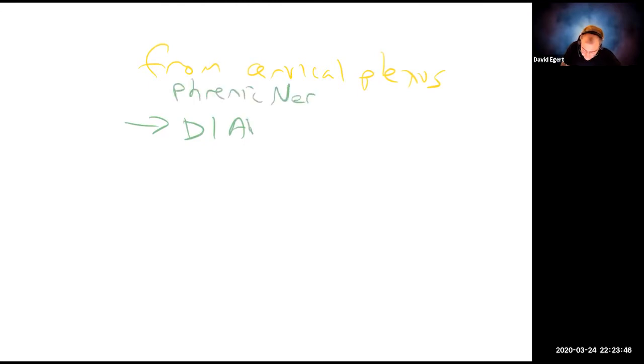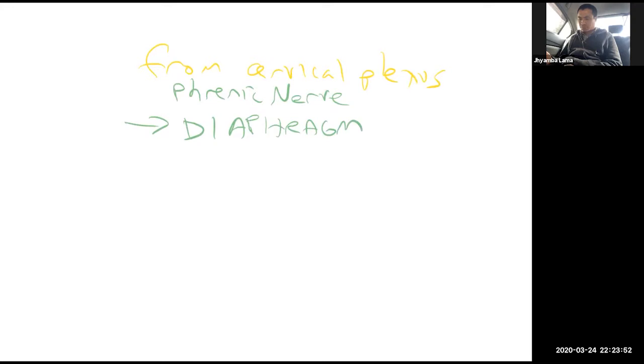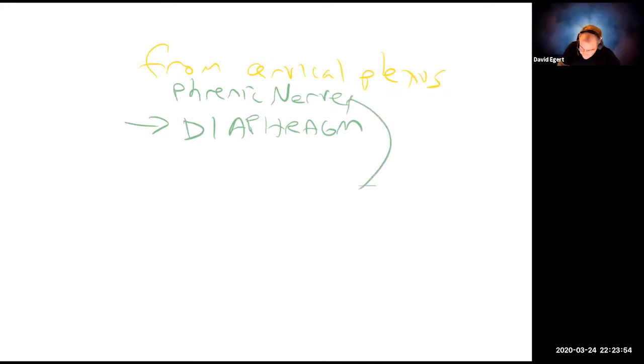From the cervical plexus, you get the phrenic nerve, which innervates the diaphragm. And this is derived from C3 through C5.